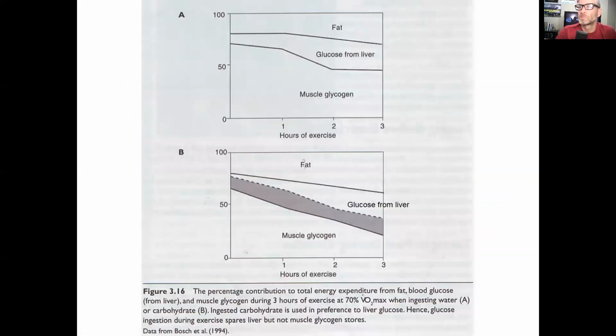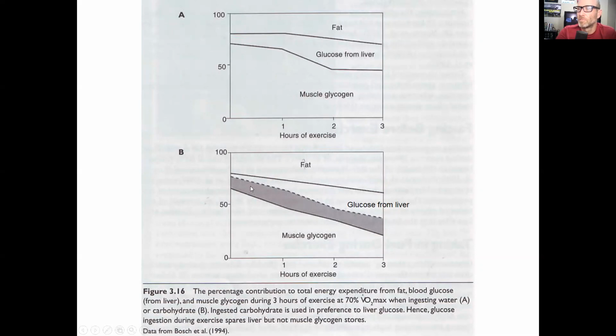This is just illustrating some of that. Here's hours of exercise here. On the Y axis is the percentage contribution to total energy from fat, muscle glycogen, or glucose from liver. And in this graph, the ingested carbohydrate is used to preserve liver glycogen.